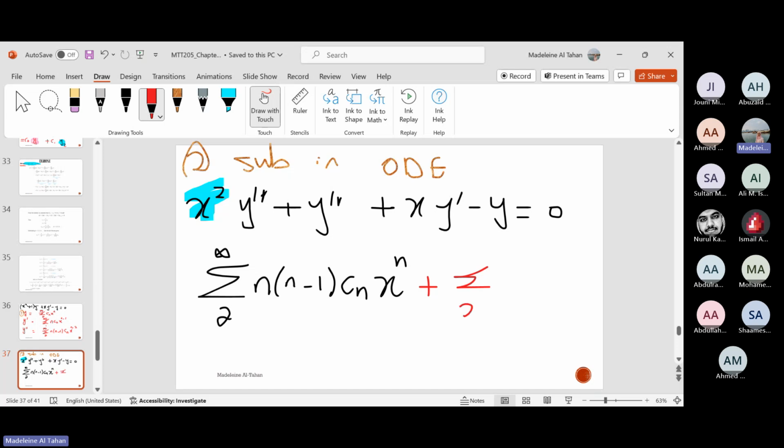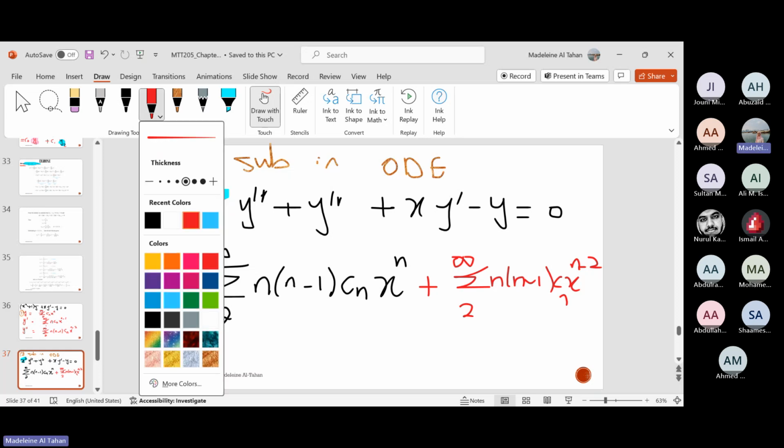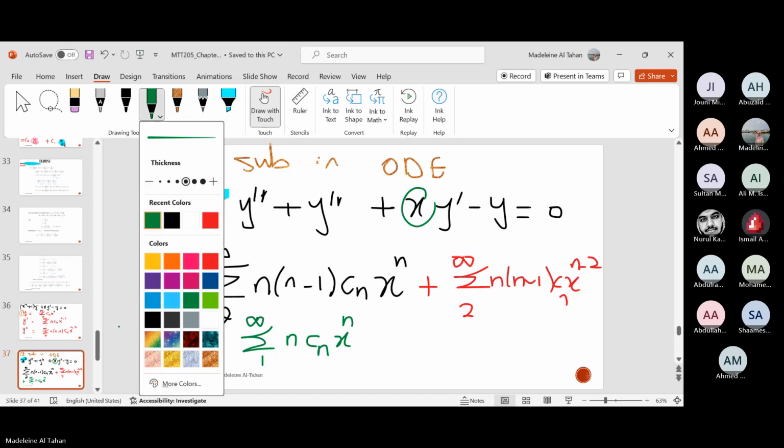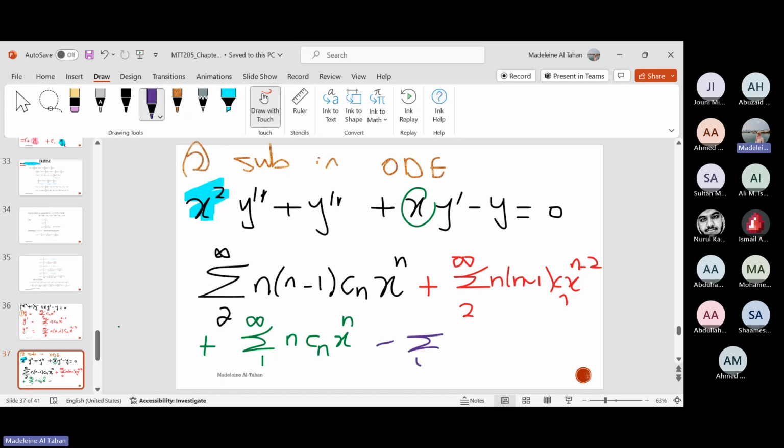Y double prime is sigma 2 to infinity n into n minus 1 Cn xn minus 2, plus xy prime, which is from 1 to infinity n Cn xn minus 1, and x outside, what will we get here? Xn. Then the last one, minus sigma 0 to infinity Cn xn equal to 0. Questions, miss?